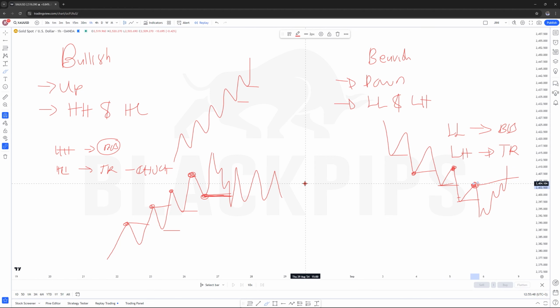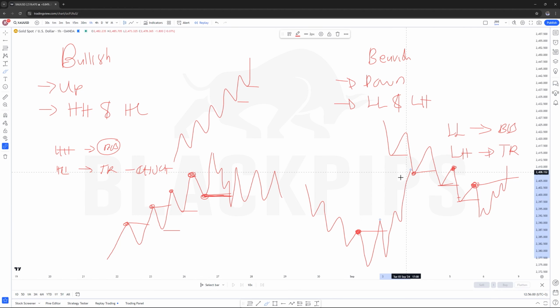So if you see the market just cross above this level here, it means this market failed to respect this lower high, and now the market can be either bullish or ranging. And if you see that sign, it means that the market is no longer bearish. So that is the bullish and bearish market structure.